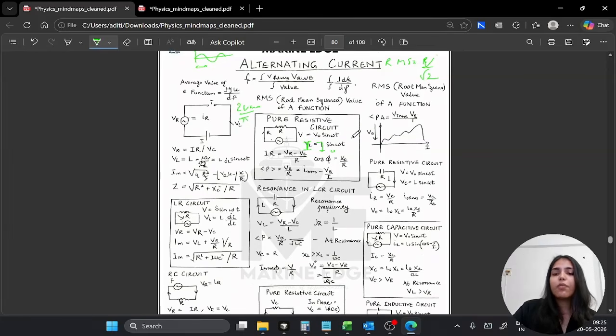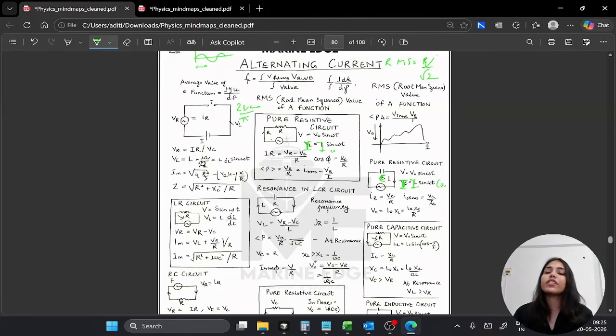Okay. Then we have a pure capacitive circuit. Here we write it as C. In this case, voltage is equal to V naught sine omega t, and the current will be I naught sine omega t plus pi by 2. In a pure reactive circuit, in a pure capacitive circuit, current leads voltage by a phase of 90 degrees.